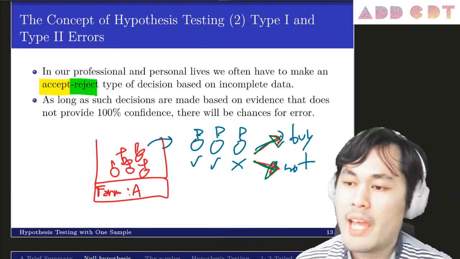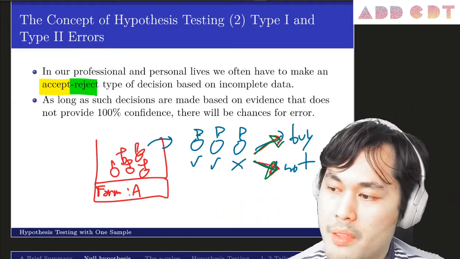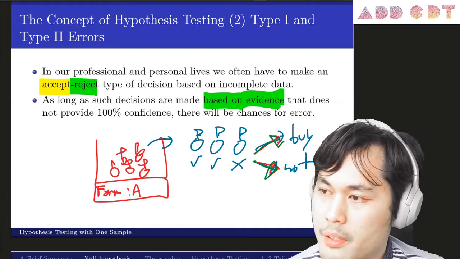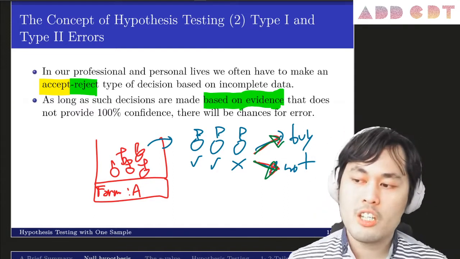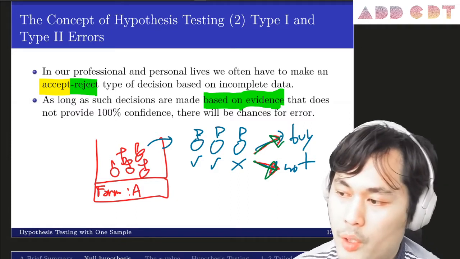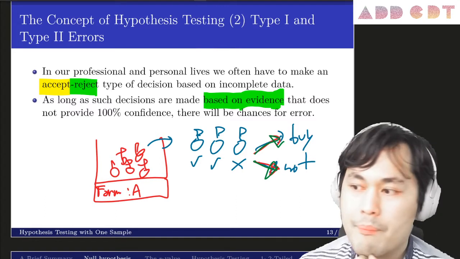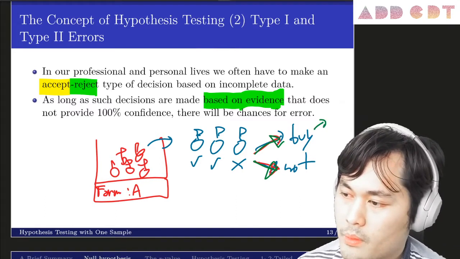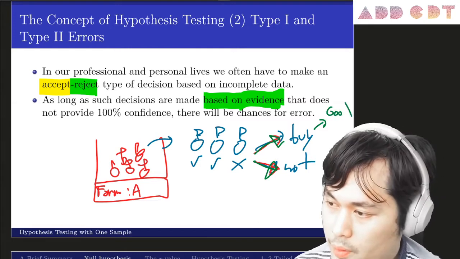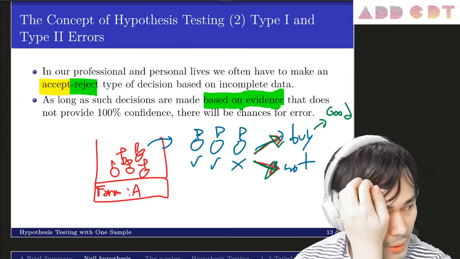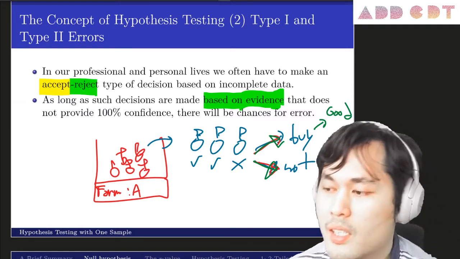Okay. And as long as it is based on not full evidence, there's going to be some error. It is possible that when you decide to buy from this farm, they turn out to be a bad farm. Let's say if they are good farms and you decide to buy from them, you get good apples every week and you are happy.